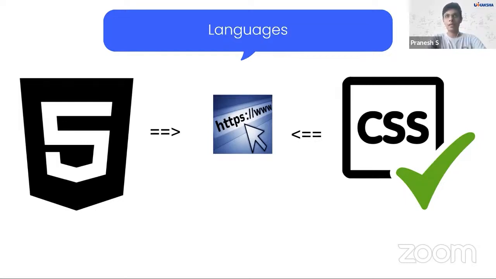Okay, so HTML is nothing but hypertext markup language. In every programming language, you will have separate functions and separate syntaxes, and there is a behavior for that. But in HTML, it is called a markup language. For example, take Microsoft Word. What will you be doing in Microsoft Word?